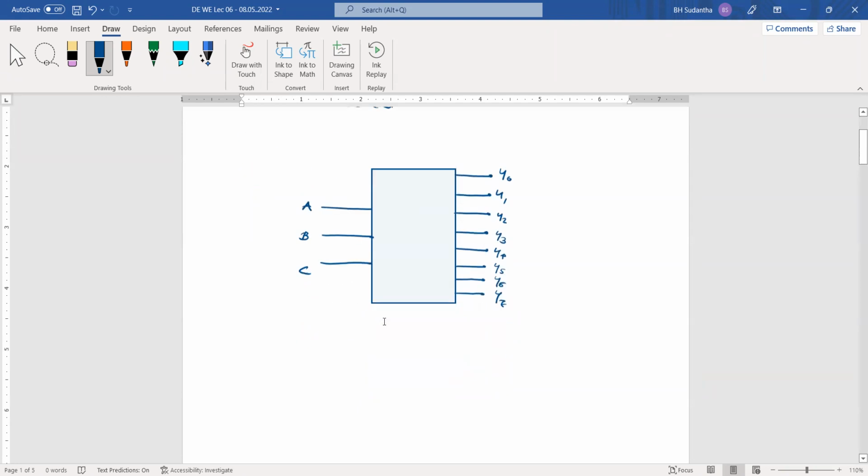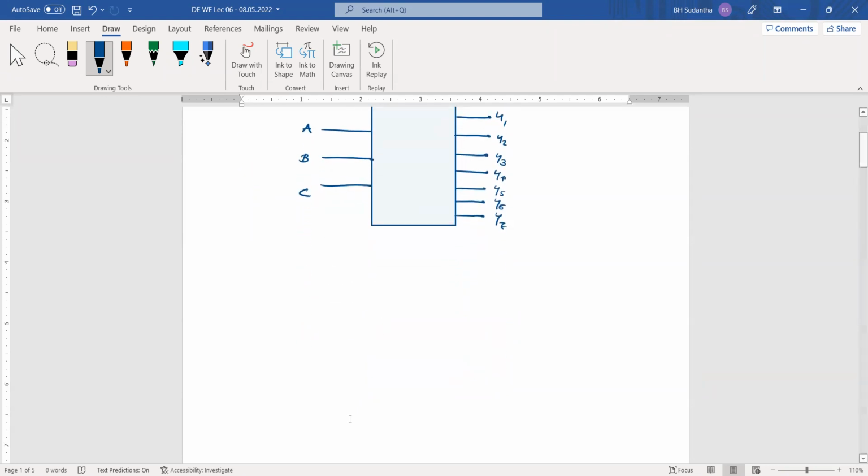The truth table is also not a new one. You can follow the same pattern here also.